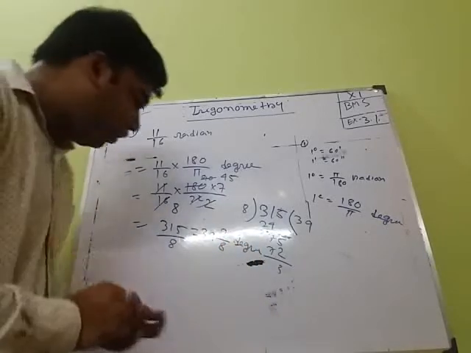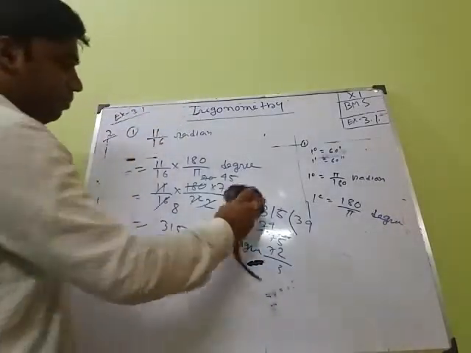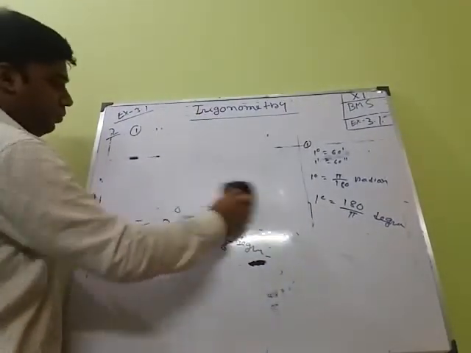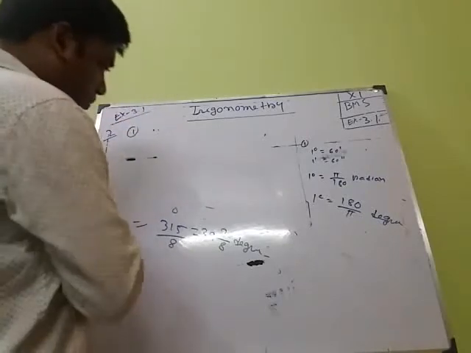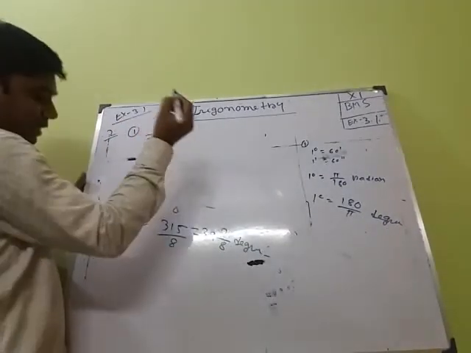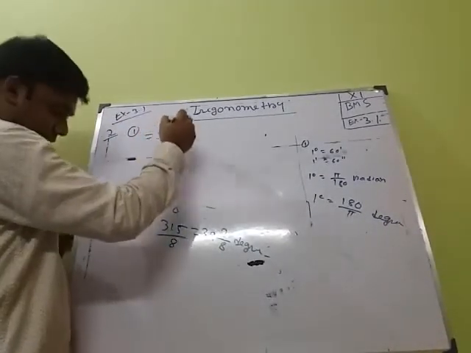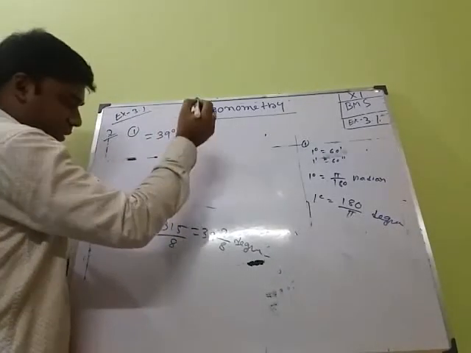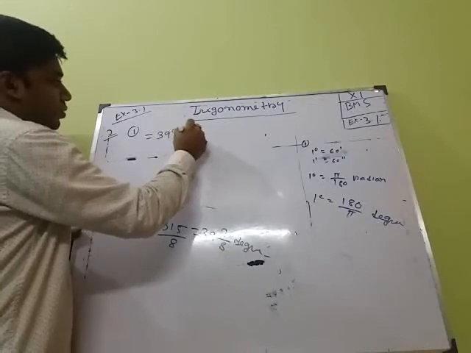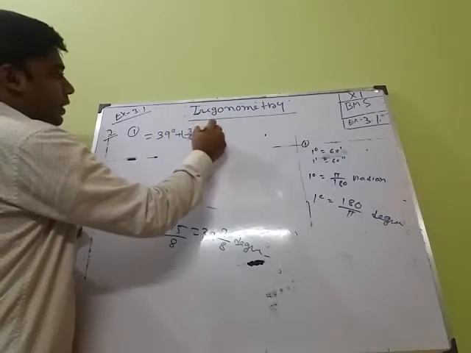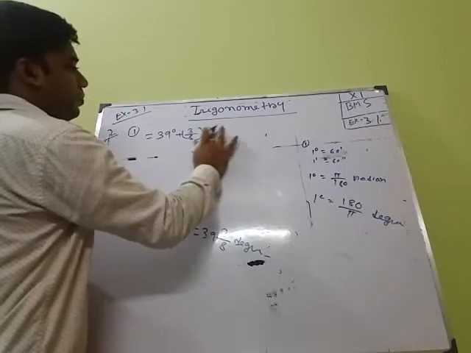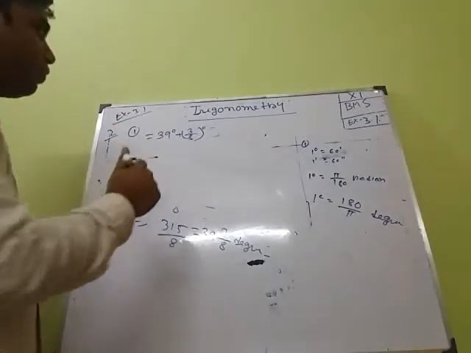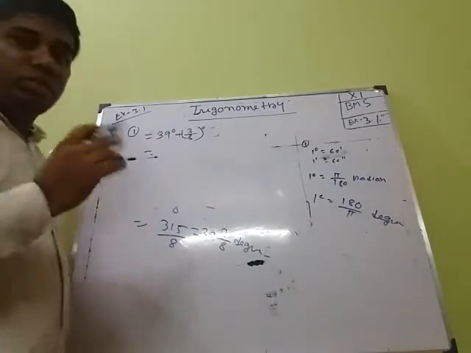Okay, 39 and 3 by 8 degree. Now, it is 39 degree plus 3 by 8, which is less than 1 degree.